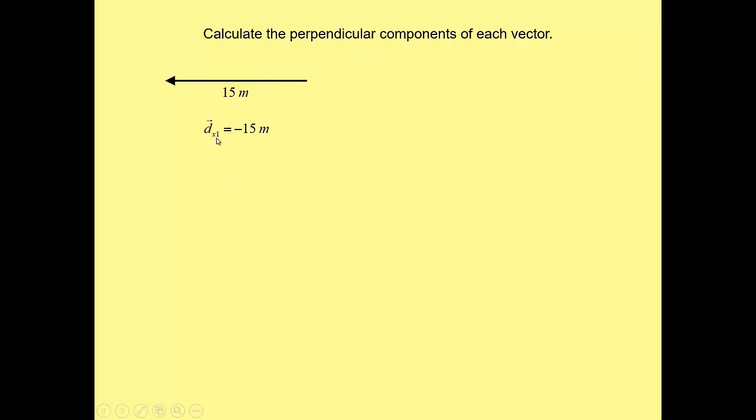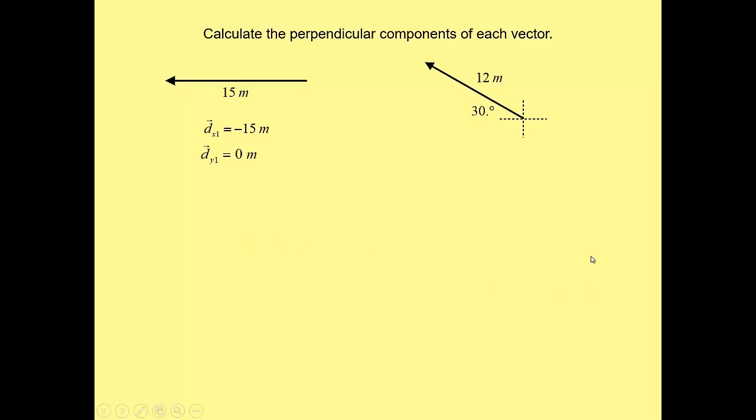So the x component of our first vector, I'm going to call this dx1. The little 1 means this is our first vector. Doesn't really matter which order you go. After all, vector addition is commutative, but I got to label it something. So the horizontal component of our first vector is negative 15 meters. The y component is just 0 because it doesn't go up or down. There is no vertical part to it.